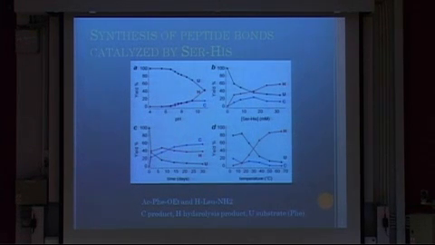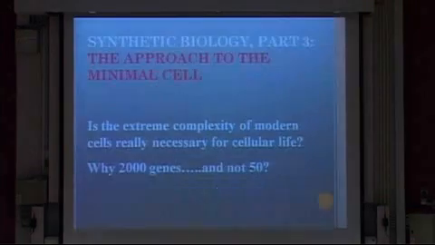Chymotrypsin does it in few minutes. With this peptide, you need a long time, but in prebiotic time it is not so important. So again, it's an indication that by chemical means you can produce a functional macromolecule, which is still a mystery in the origin of life.